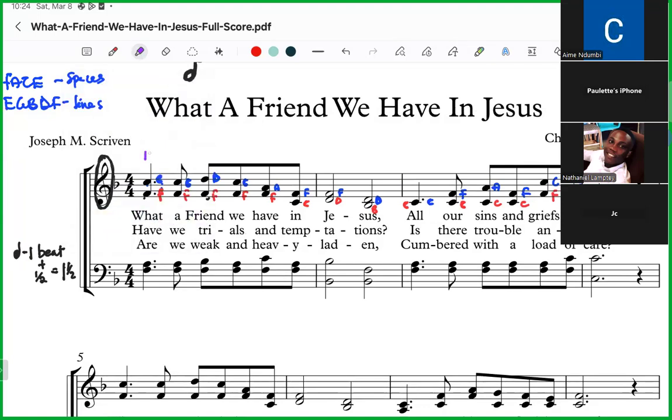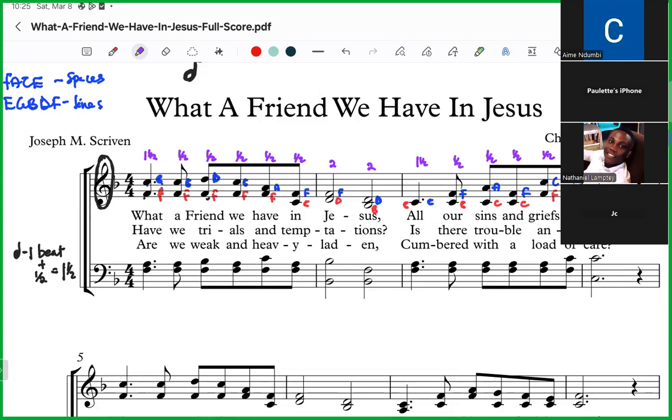So 1.5, half, half, half, half, two, 1.5, half, half, half, half, half. So this is a dotted minim. Our dotted minim becomes 3 counts.